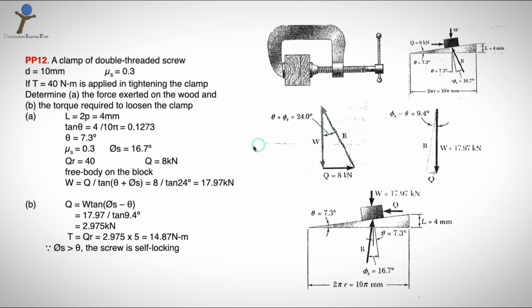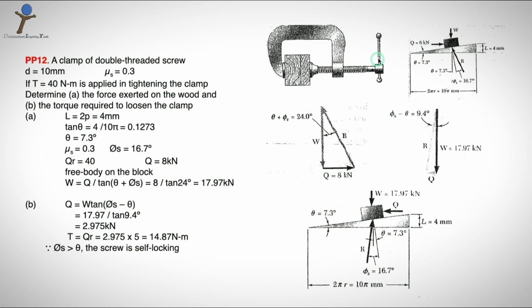Since we consider this as the wedge problem with motion impending in upward direction, we use the expression W is equal to Q divided by tan of theta plus phi s, where theta is the wedge angle and phi s is the frictional angle. Substituting, the value is 17.97 kilonewtons.